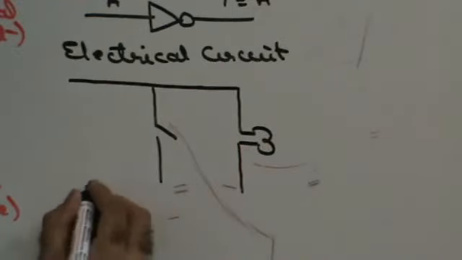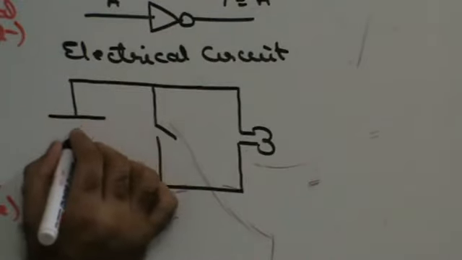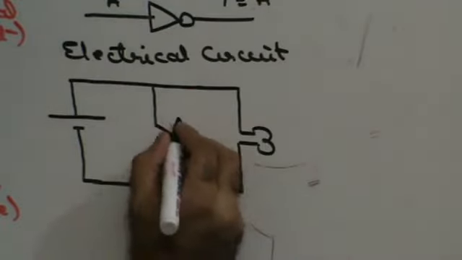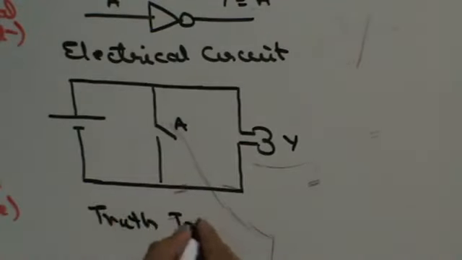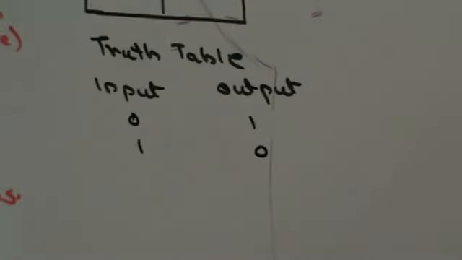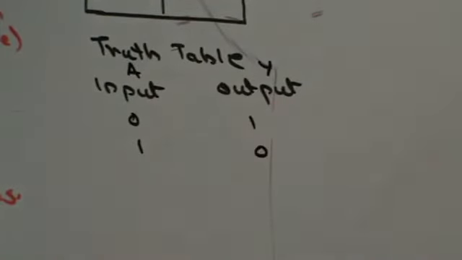This is your filament. This is my input A, this is my output Y, and that's the power supply. And the truth table has only one input and one output. Your input is 0 and 1, output is going to be 1 and 0. So that's my A, which is my input, and this is Y, which is the output. Right?